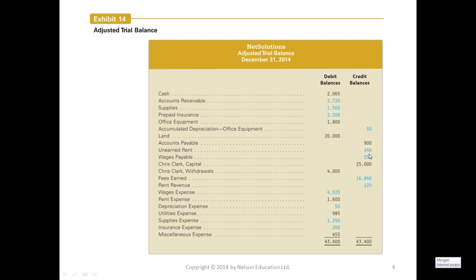If we performed, let's say, $60 of that liability, if we provided rent worth $60 to that customer, then we have to take $60 out of our unearned rent liability and put it into our rent revenue account. So it has to come out of liability and go into revenue.